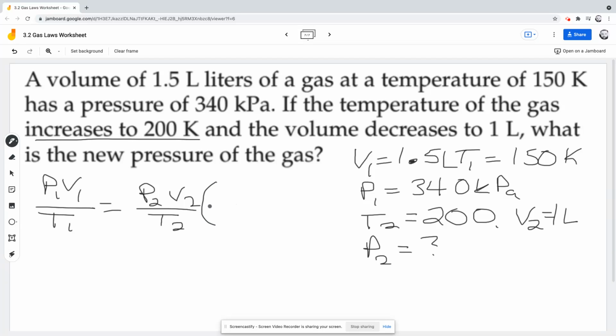I want to move the V2 away from P2, so I'm going to divide by V2 because originally I'm multiplying. And then I'm going to multiply by T2 because originally I'm dividing by T2. So remember that whatever I do on one side of the equal sign, I could do on the other. So over here, I'm running out of space, but I'm going to say T2 over V2.